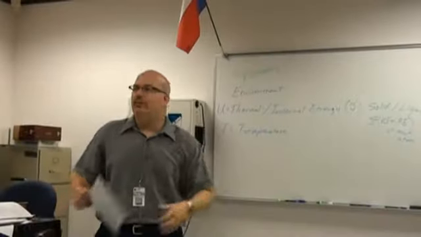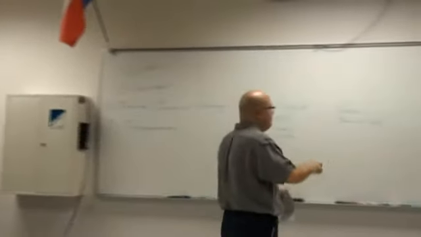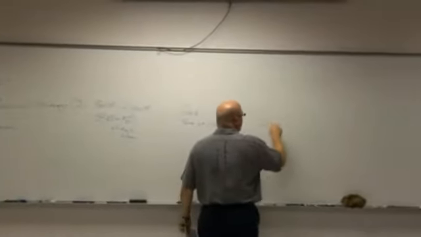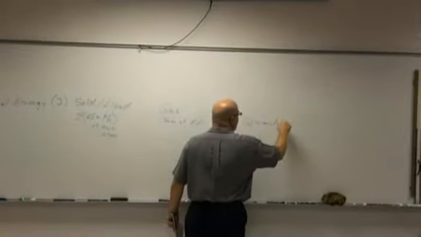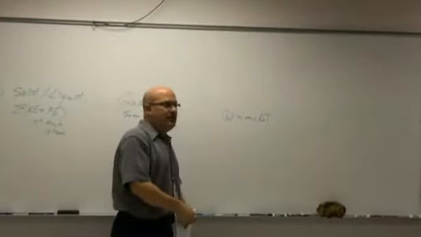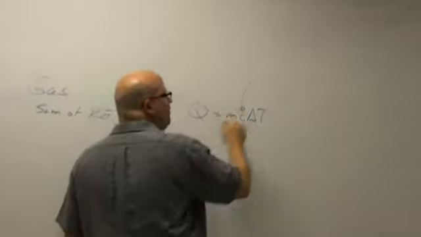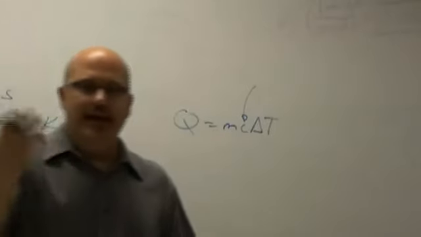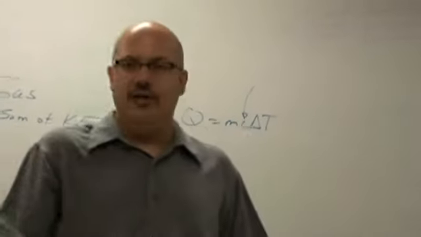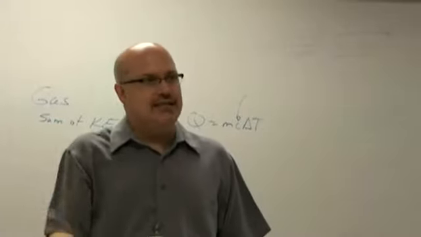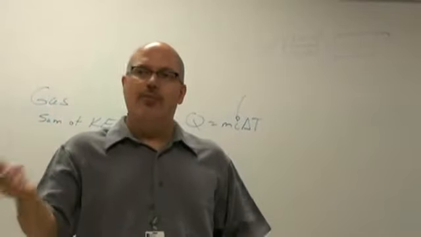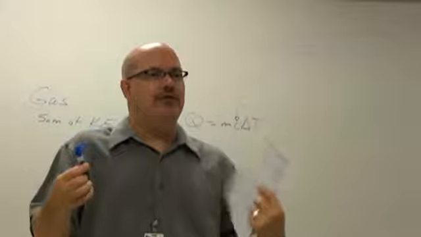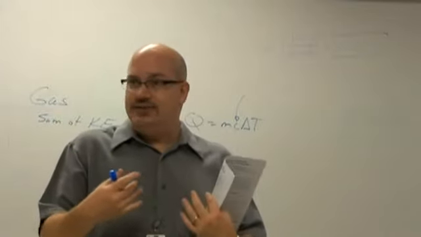Like in chemistry, you remember using Q equals mc delta T? This C, the specific heat, gives you an idea of what's going on with the potential energy. As the temperature changes, some objects have a lot of internal potential energy, and some do not.